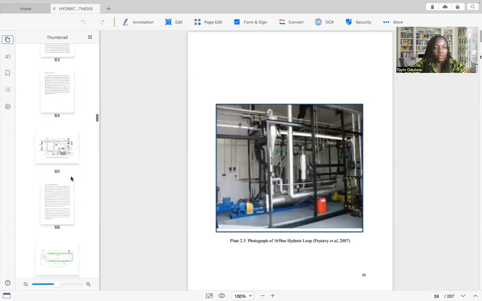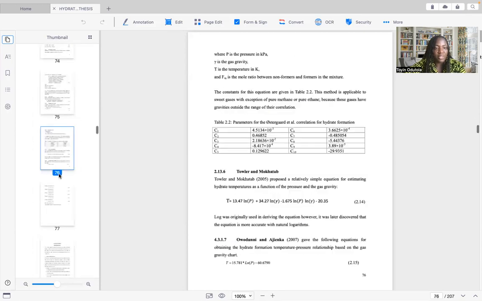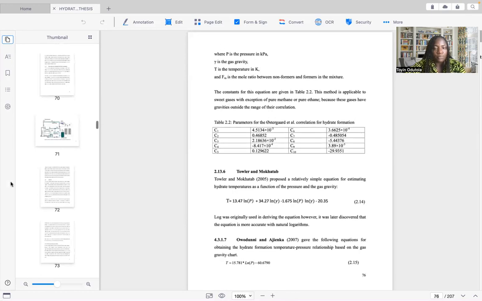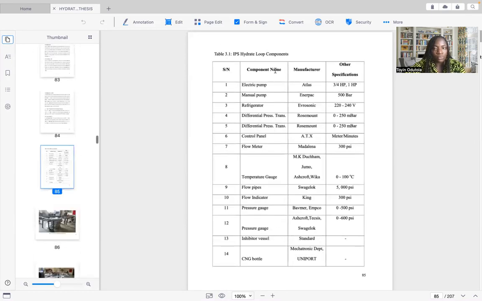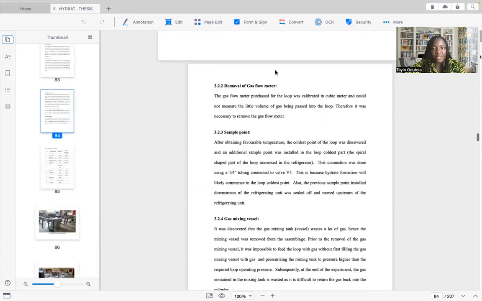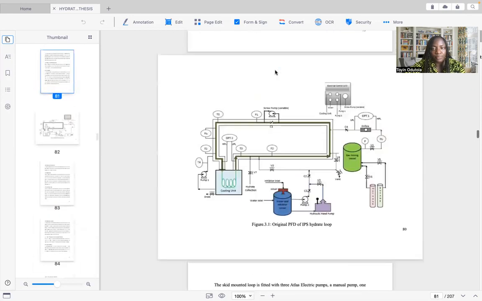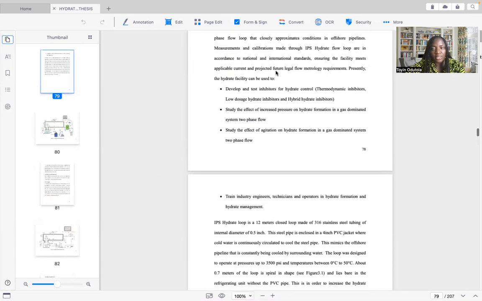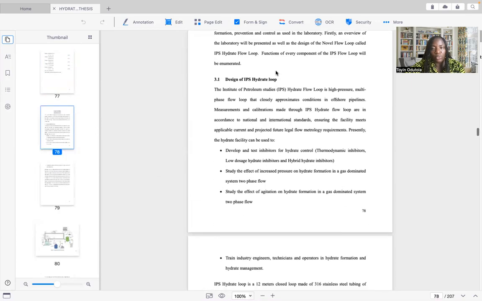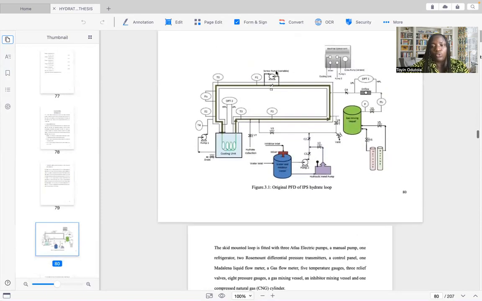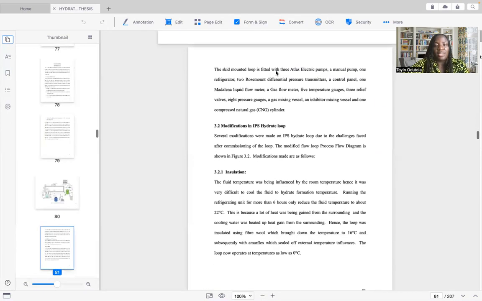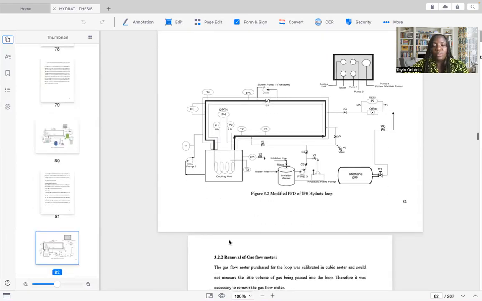So let's move to chapter 3. So see, this is still chapter 2. So this is chapter 3 here. And I'm talking about the research I'm doing, the design of the loop. And here I have a picture of the initial design, and you can see how the figure number is below.